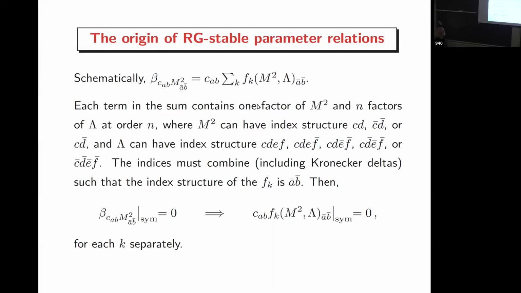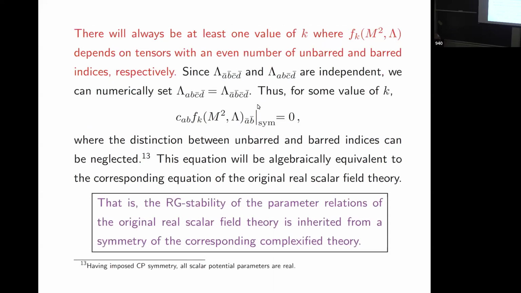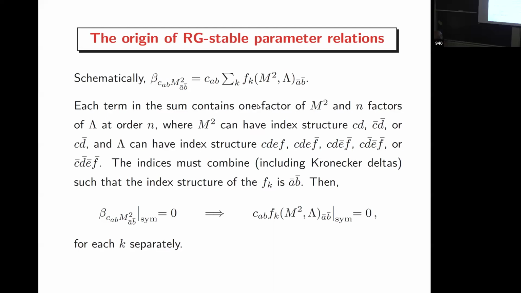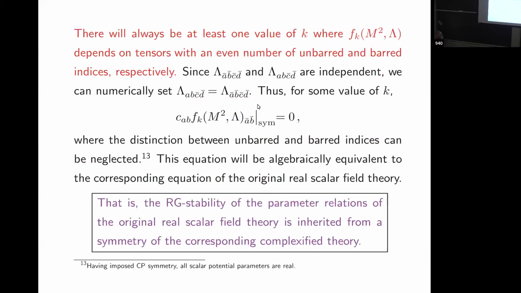And so all you need is to find some value of K where you get an equation here like this, which matches exactly the beta function of the original theory. And so that's really the origin of the result.